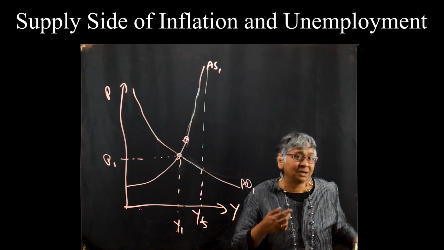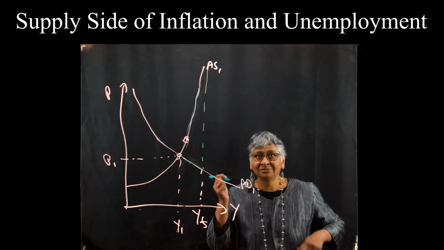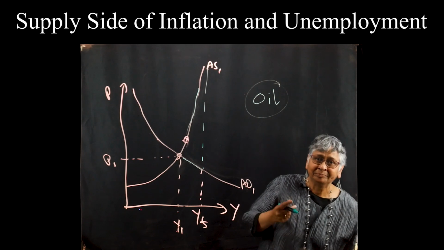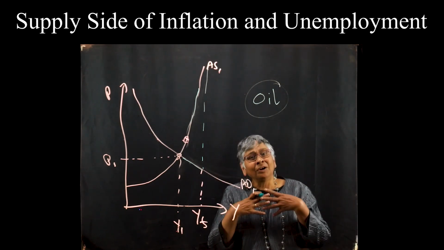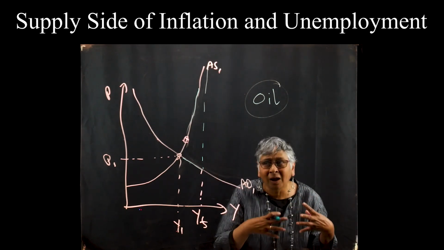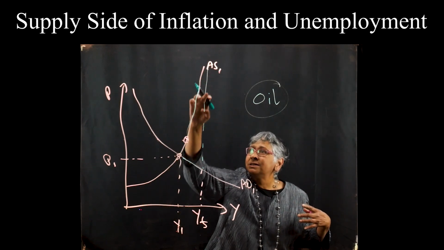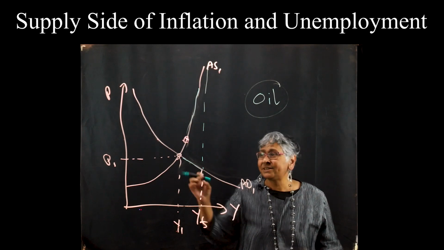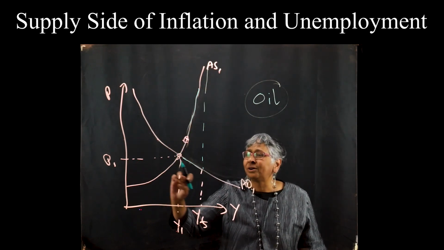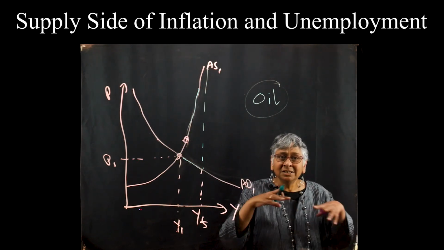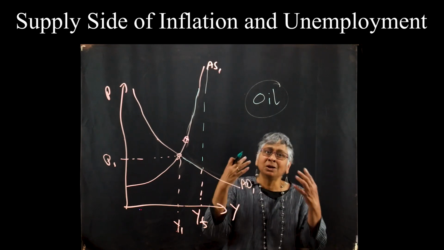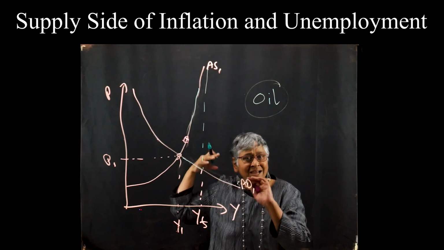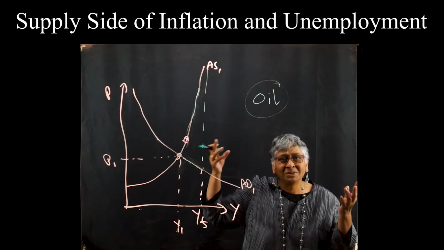But the other one, many of you have heard of this, is oil, fuel. Our production structure lies behind that aggregate supply curve, which is not surprising because the shape of this aggregate supply curve depends on what's happening with my PPF, my production possibility frontier, and how close I am to its edge.